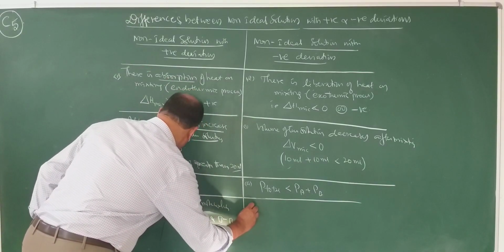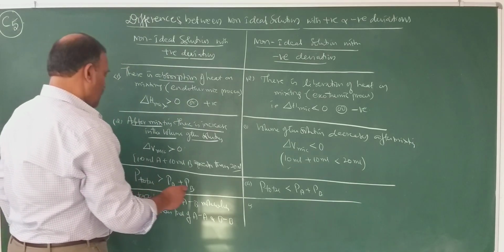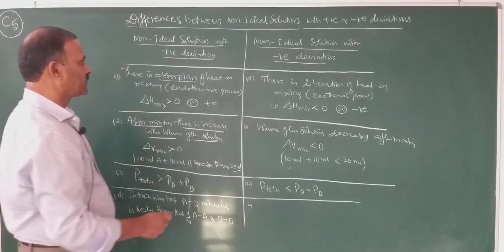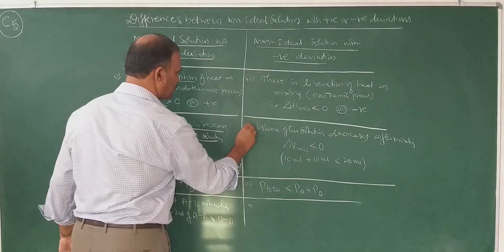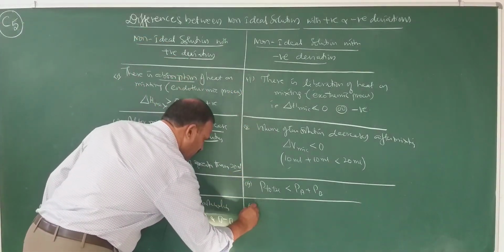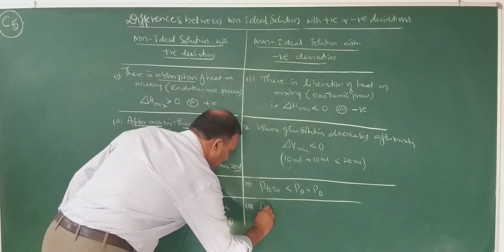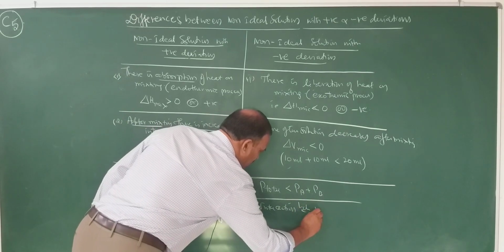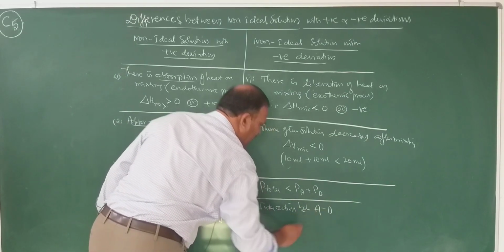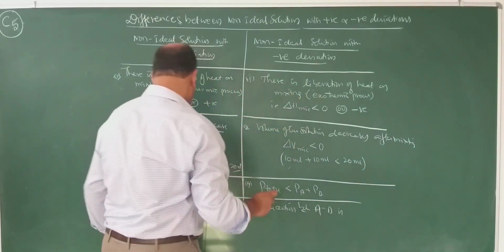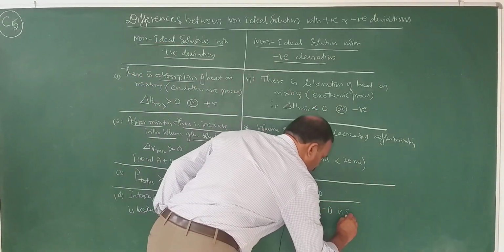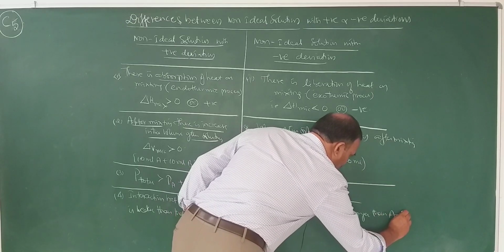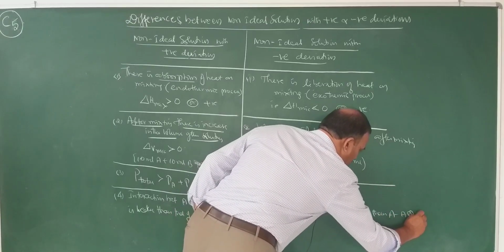So here, what happens here? Interaction between AB is stronger than AA and BB.